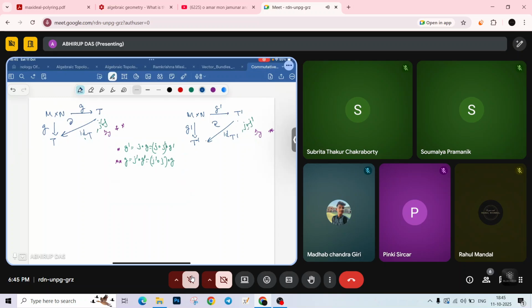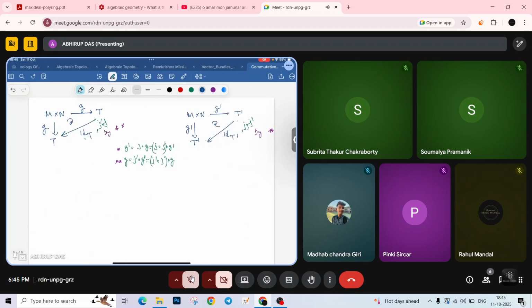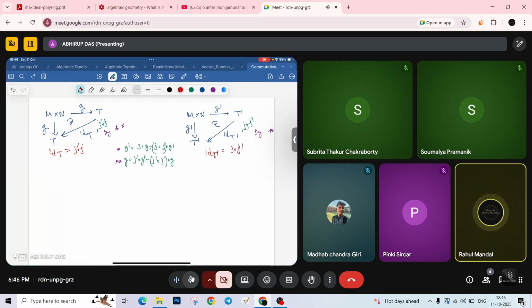But you see, as we have mentioned time and time again, whenever you have this sort of diagram, this map is supposed to be unique, right? Whenever you have this sort of diagram, this map is supposed to be unique as well. So what do you get? On this side you get one, and on this side you get the other. Clear?